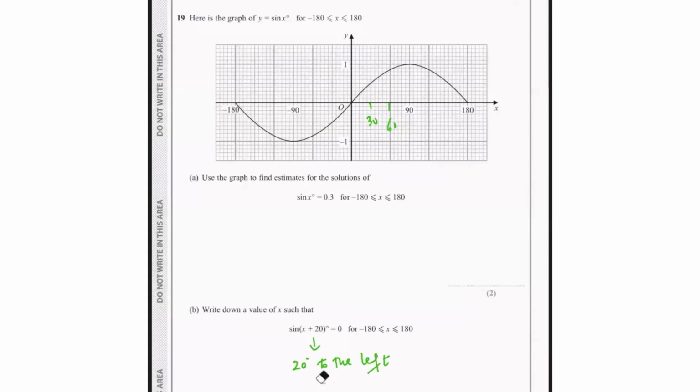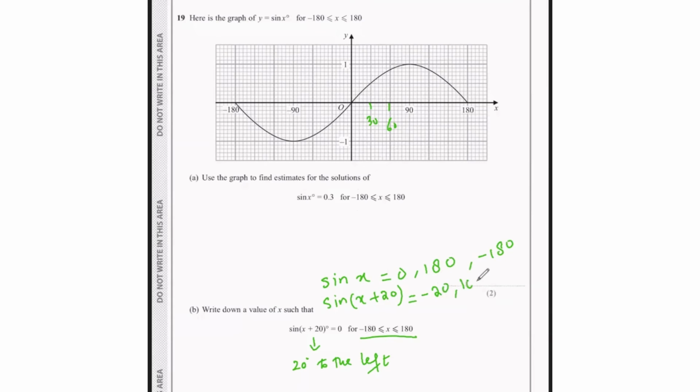Actually, we can do it without sketching the graph as well. We know it's sine x equals 0. We know the values are 0, 180 and negative 180. So for sine of x plus 20, we're going to move 20 units to the left side, which means it's going to be negative 20.